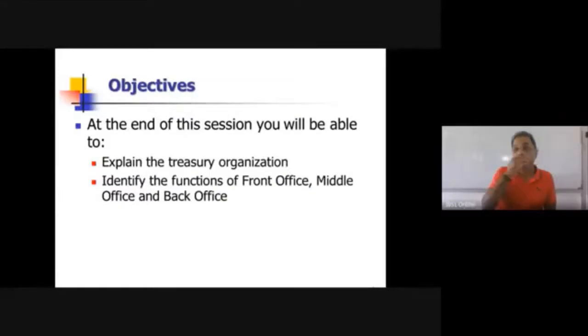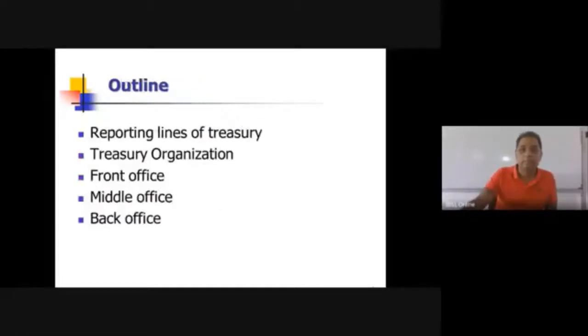Okay, so now we've already gone through where the Treasury sits within the organization. We're going to go into what the different functions within the Treasury are. So anywhere in the world, Treasury has three main broad areas: global markets, Treasury, whatever you want to call it; front office, which is the function that basically deals directly with the market; the middle office, and the back office.